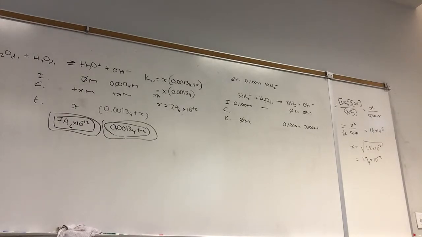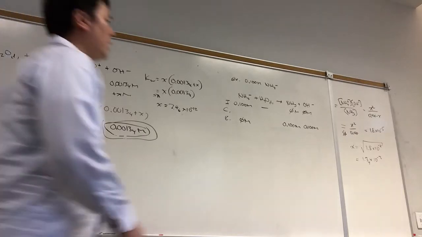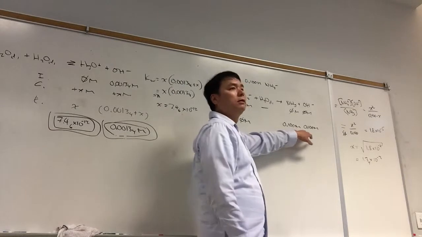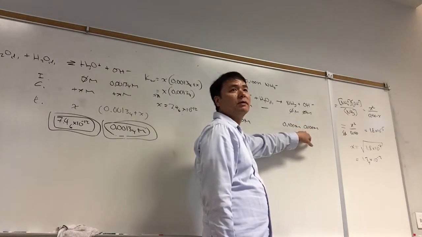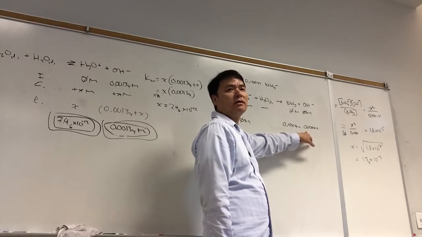Now, what's the next largest? This gets very tricky now, because in base solutions we look for the biggest K value, and we're always looking for the hydroxide contributor. We have the strong base hydroxide, but what does hydroxide plus water give us?